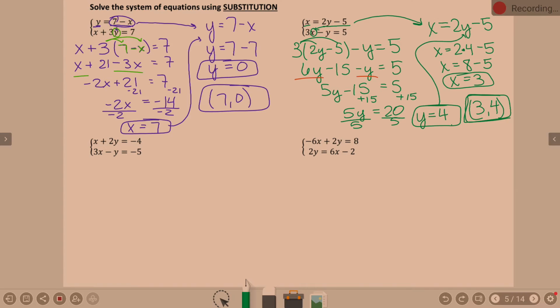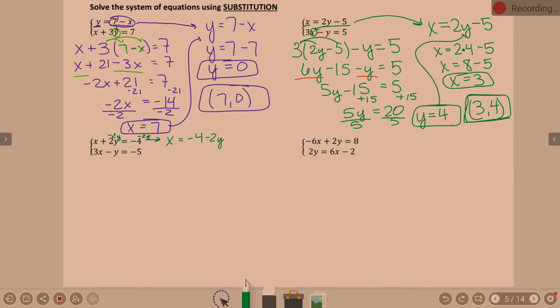Now, I think most of us will agree, in this case, the top one is easier to maneuver. In order to get x by itself, we can move the 2y away, which means we are going to subtract 2y. So x equals, for this purpose, we could leave this as -4 minus 2y.